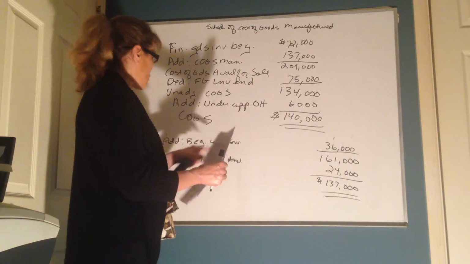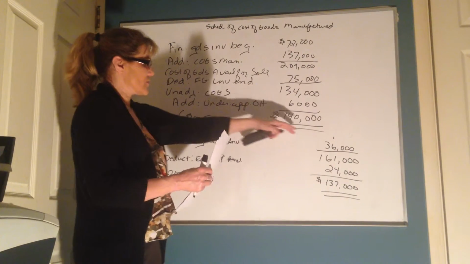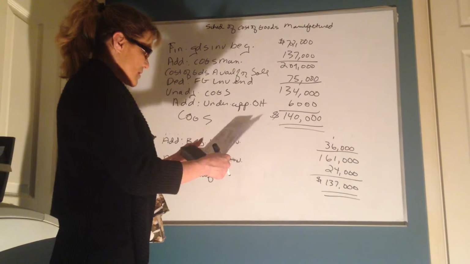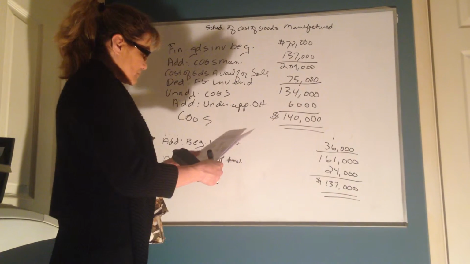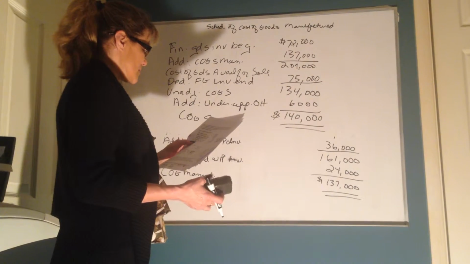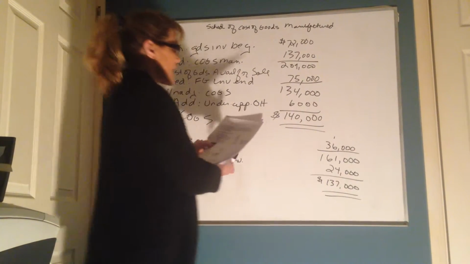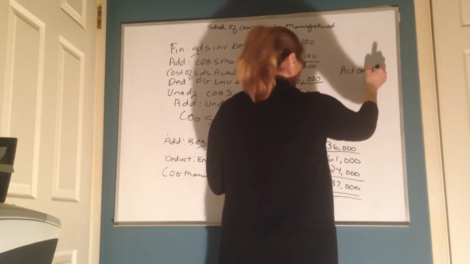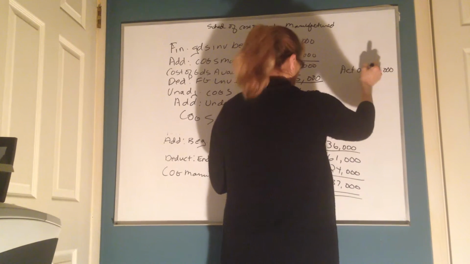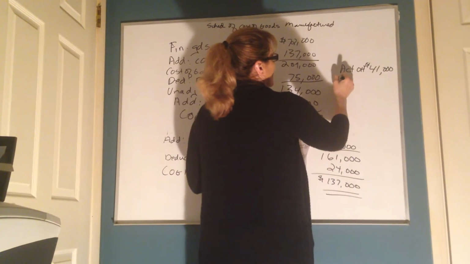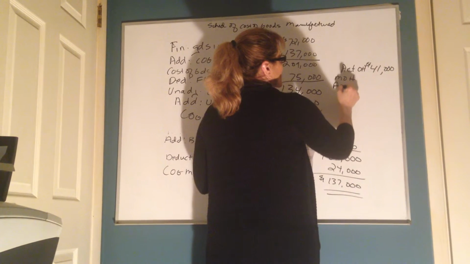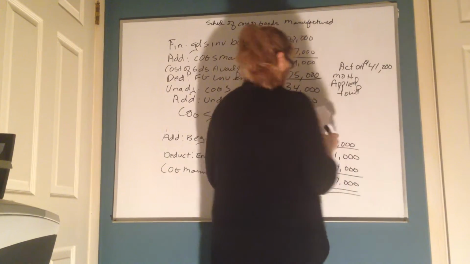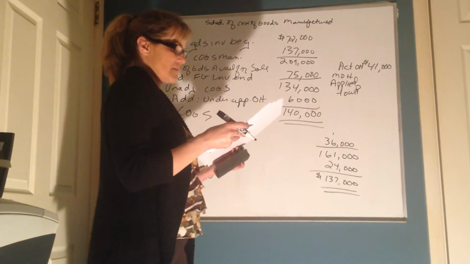But what you're going to have to do when you're figuring out your cost of goods manufactured, that schedule, in the end, to figure out what your underapplied overhead was, it would be your actual overhead. And in our case, that actual overhead is 41,000. The manufacturing overhead applied to work in process is 36,000.